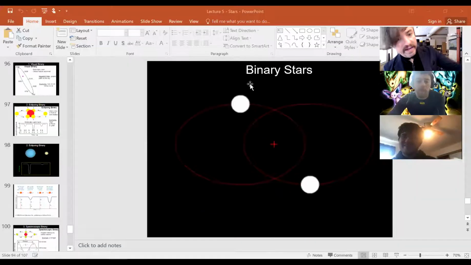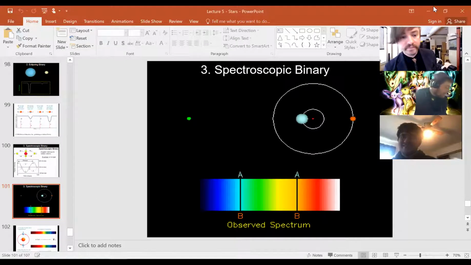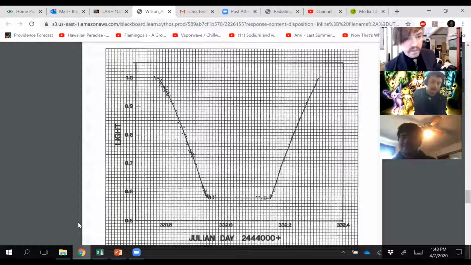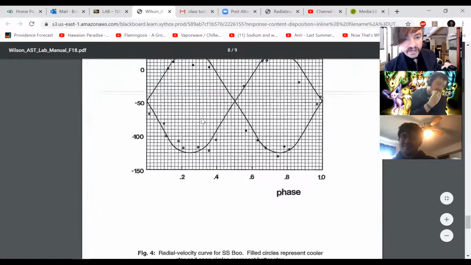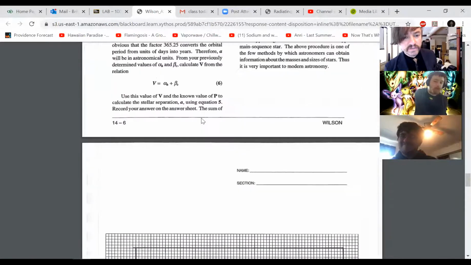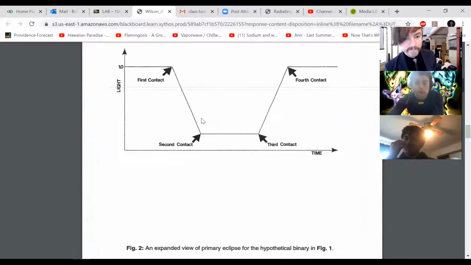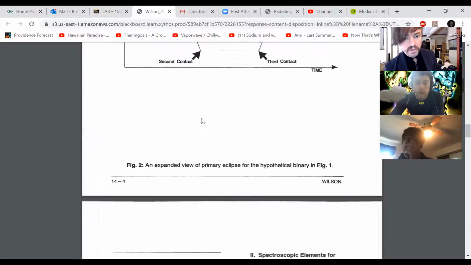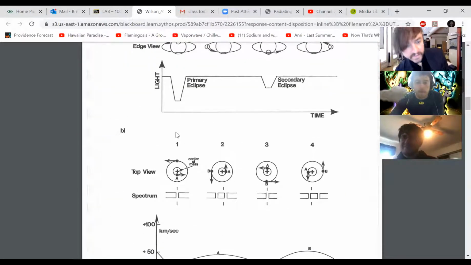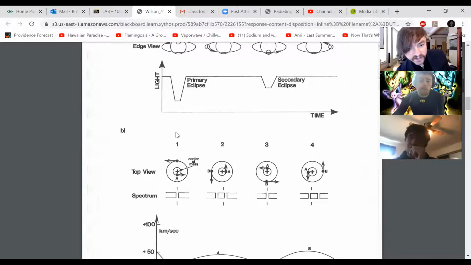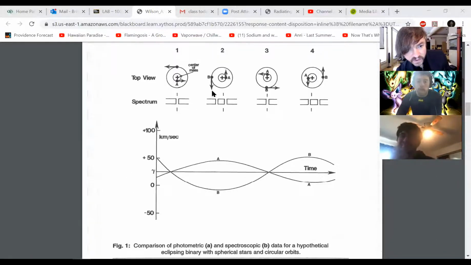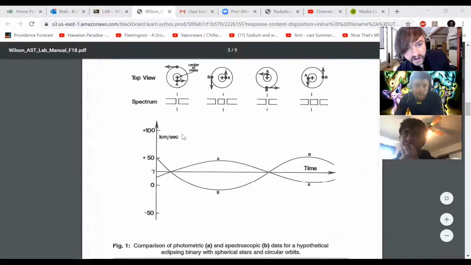Let's go to my share screen again, and let's take a look at our binary star lab. On the next page here, let's look at the cartoon version of this first, okay? The cartoon version is shown here in this figure B, where you can see the two stars. There's the A star and the B star, and I believe the A star is the more massive one.